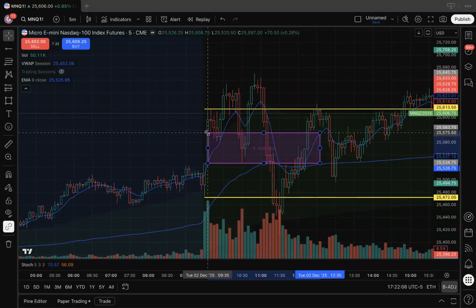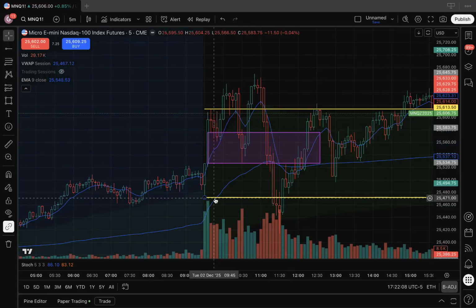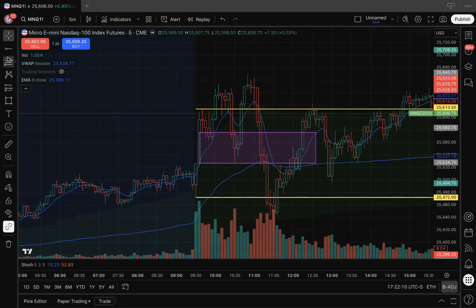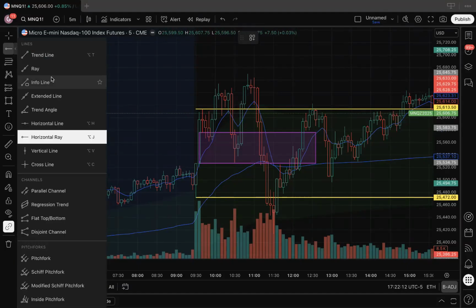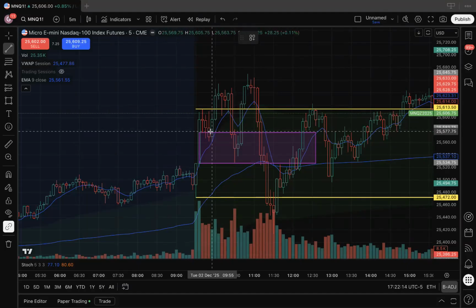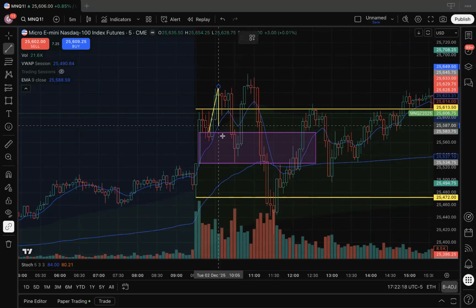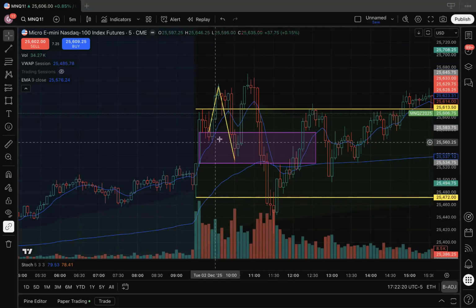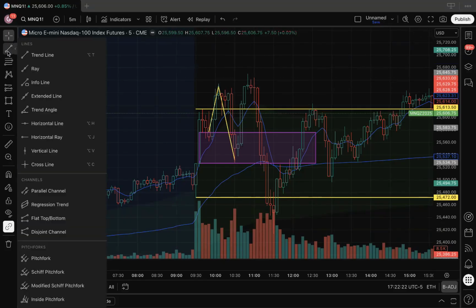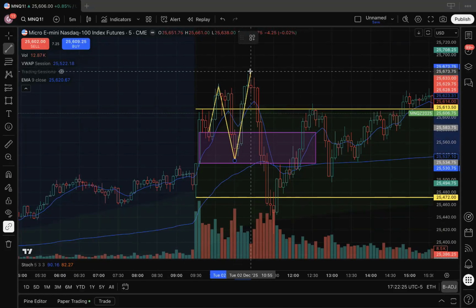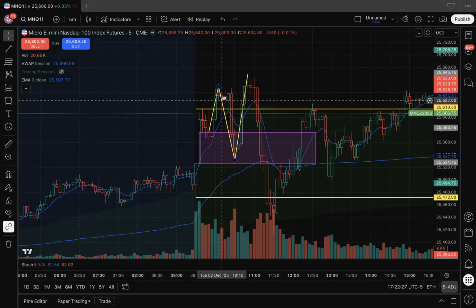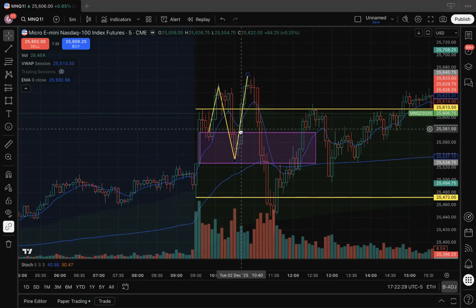Personally, I keep it a little bit open and mark it here. Okay, so look, here's your breakout. Let's get rid of the ray, right? Here's your breakout. Here is your pullback, retesting the fair value gap. After it retests the fair value gap, you get your break higher, okay? So there is the exact move that you're looking for, okay?